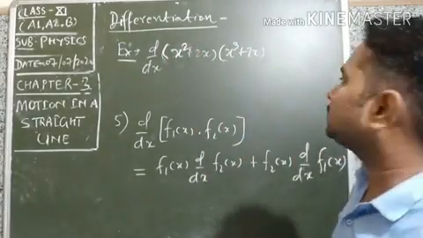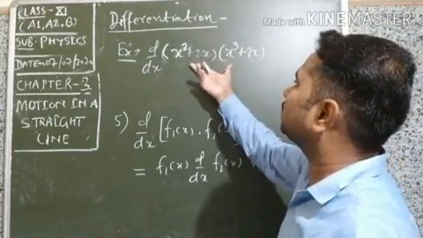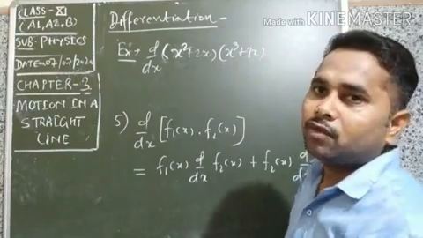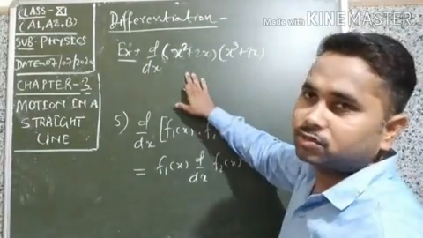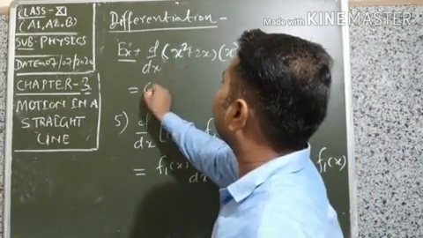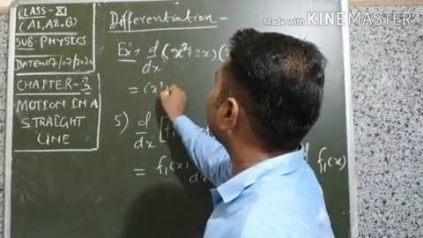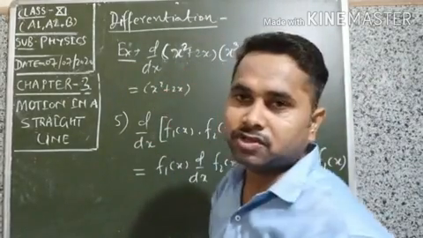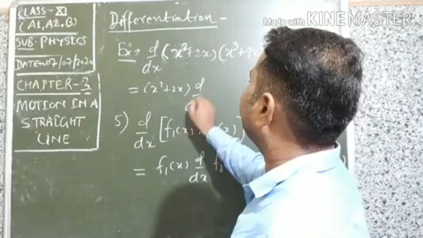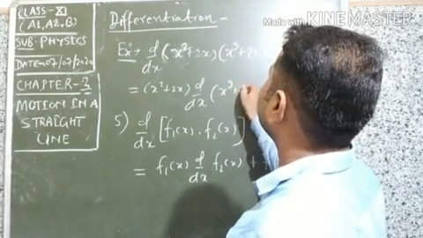These two are the functions, and they have a product, and now we have to differentiate it. How do we do it? Suppose this is the first function and this is the second function. So x square plus 2x is the first function. What do we do? Differentiate the second function, that is x cube plus 7x.